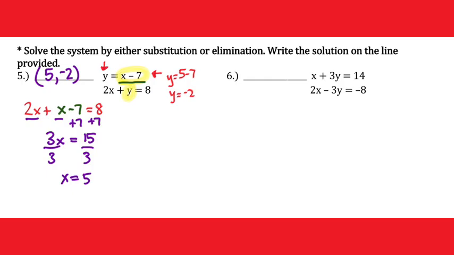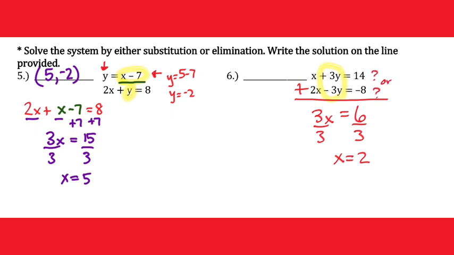Number 6, I look at this and I see, if I added these two equations up, the y value would eliminate. So I'm going to do that. I get x plus 2x equals 3x, and 14 minus 8 is 6. And I solve for x getting 2, and I can substitute in for either one.